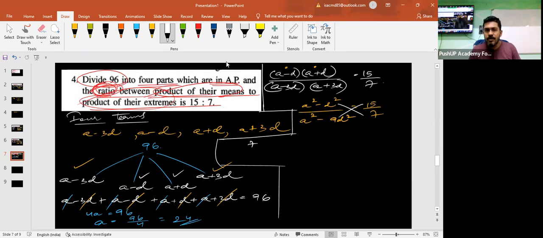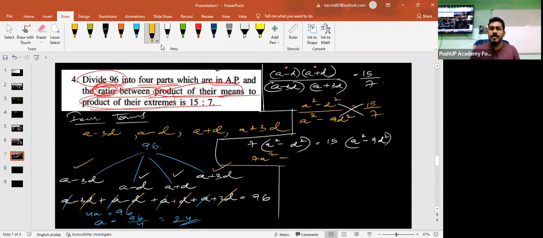So 7 into A square minus D square is equal to 15 into A square minus 9D square. Let's open the bracket. 7 into A square will give you 7A square, minus 7 into D square will give you 7D square. This is equal to 15 into A square, which gives 15A square, and 15 into minus 9D square will give minus 135D square. Now let's bring both the variables on either side of the equation.